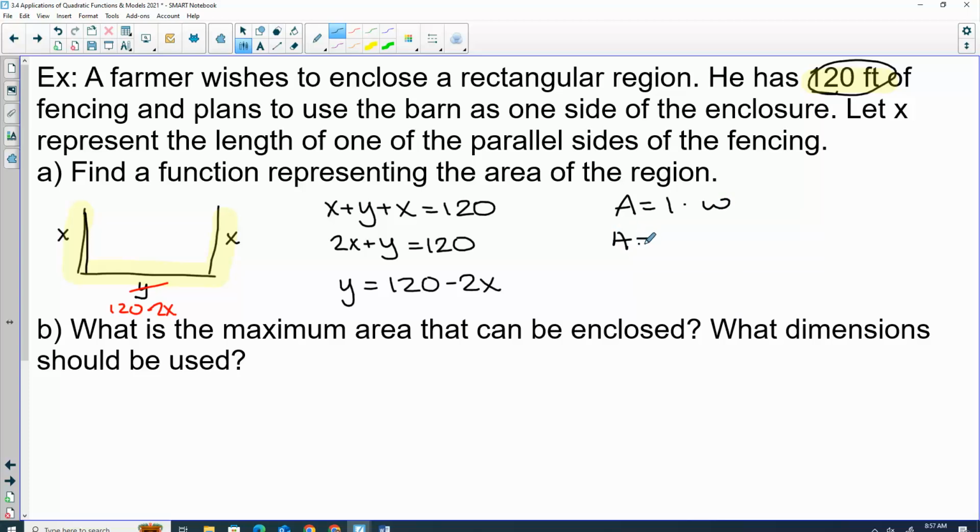So my area is my length times my width, and you could say 120x minus 2x squared. So we had to do a few things on that. We had to figure out what our sides represented using the 120, and then we had to find our area, length times width. Any questions about part A?